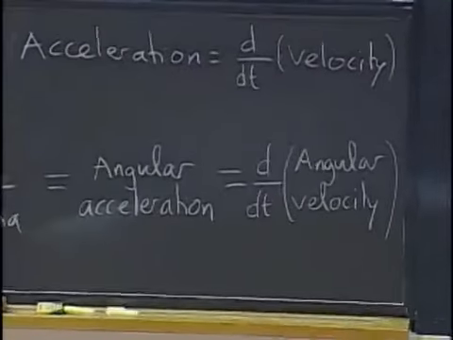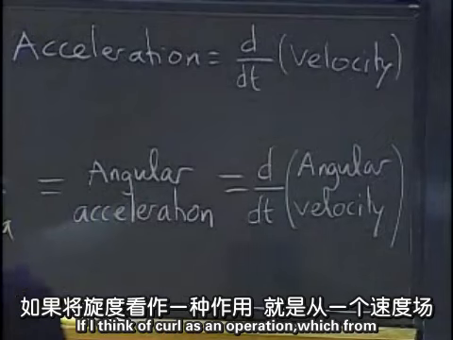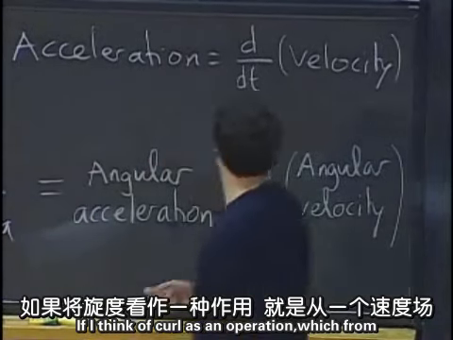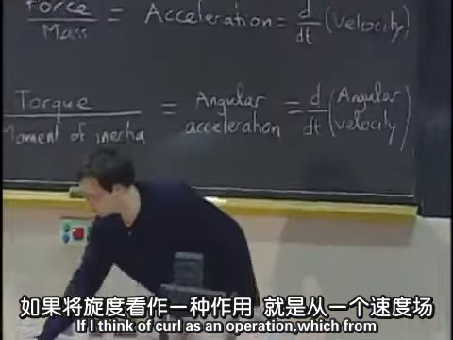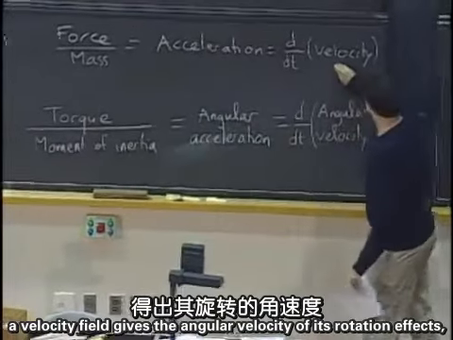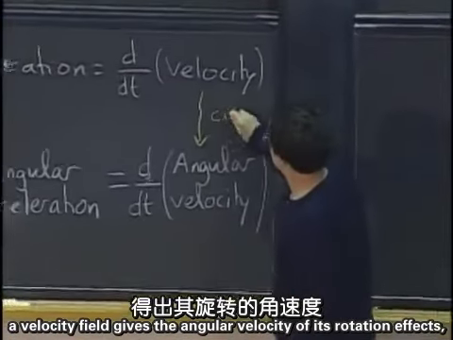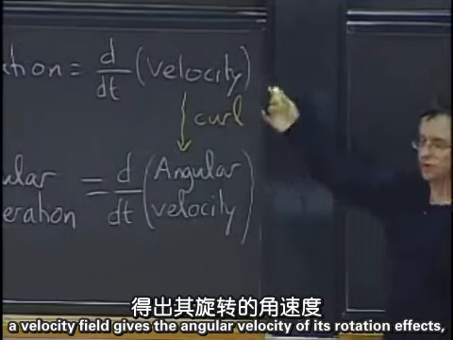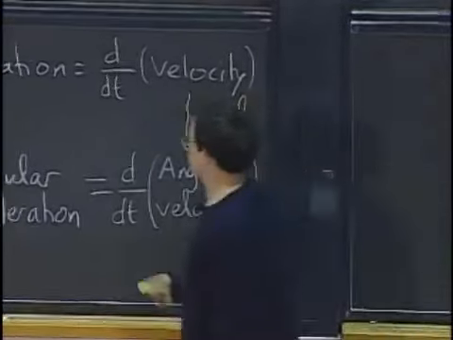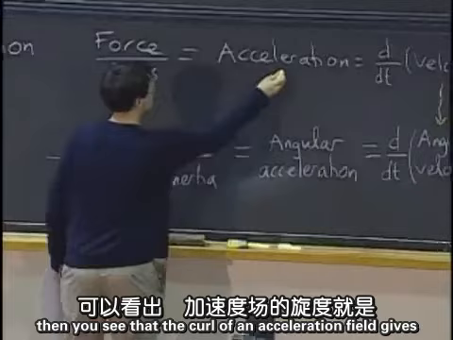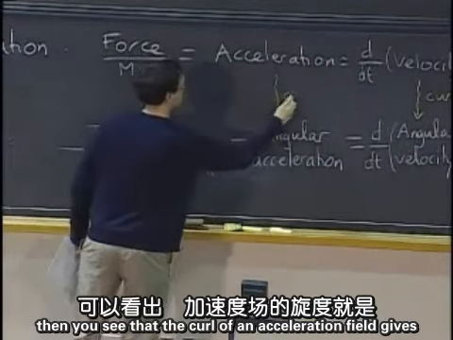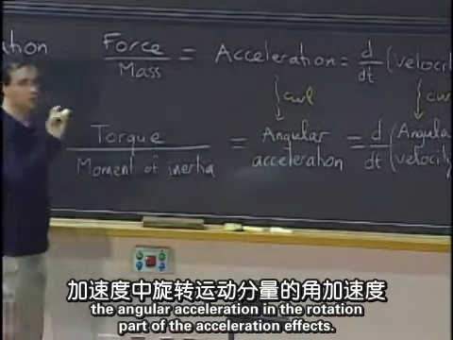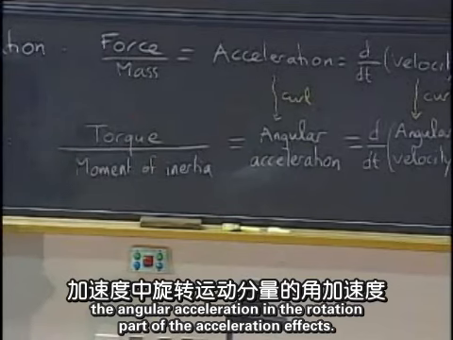Now if I think of curl as an operation which, from a velocity field, gives the angular velocity of its rotation effects, then you see that the curl of an acceleration field gives the angular acceleration in the rotation part of the acceleration effect.